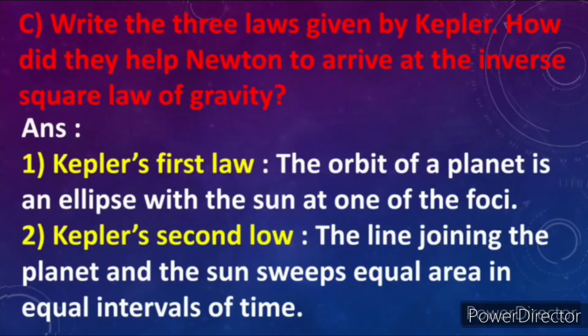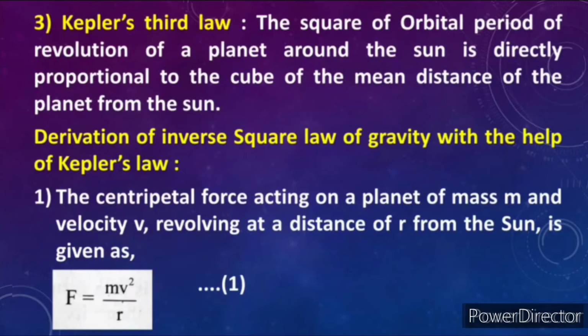The line joining the planet and the sun sweeps equal area in equal intervals of time. 3. Kepler's third law. The square of orbital period of revolution of a planet around the sun is directly proportional to the cube of the mean distance of the planet from the sun.